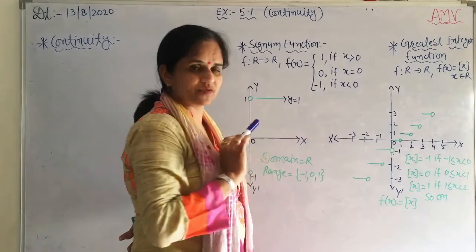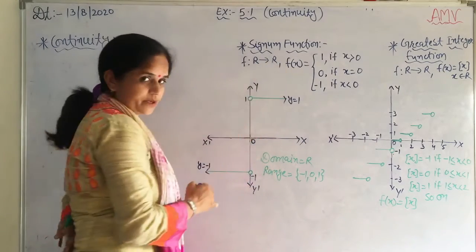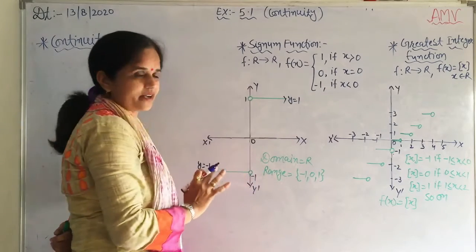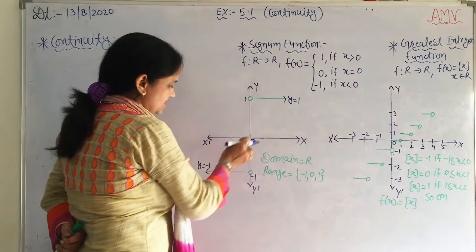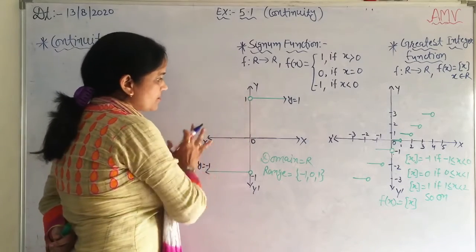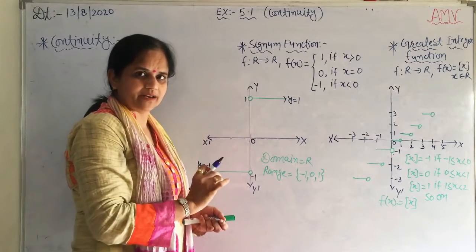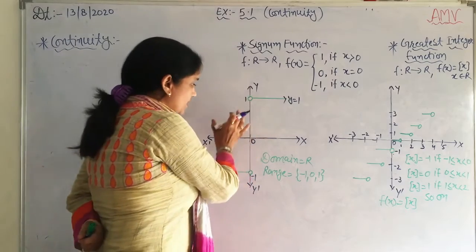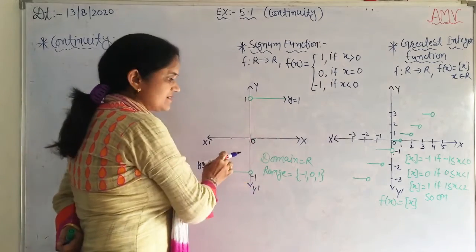If we draw the graph, it is y equal to 1 parallel to the x axis, and here it is y equal to minus 1. But can you draw this graph without lifting your pencil or pen from the paper? No. You have to lift your pencil to draw this graph.